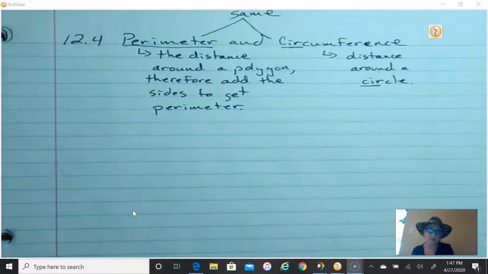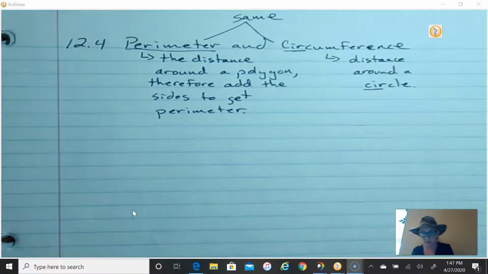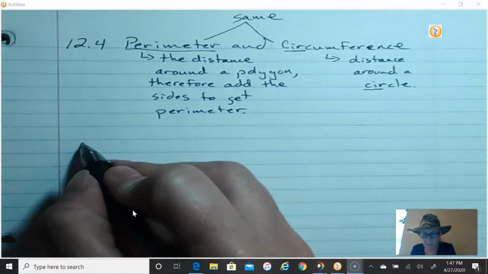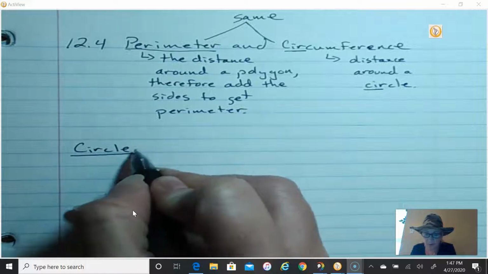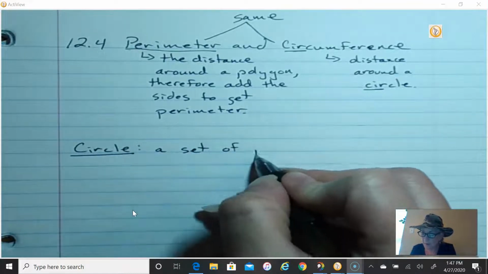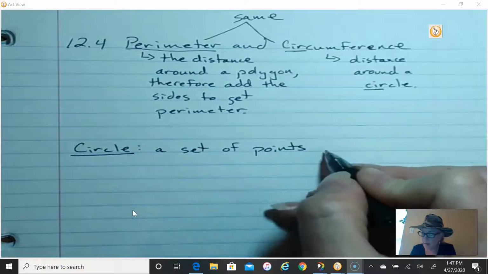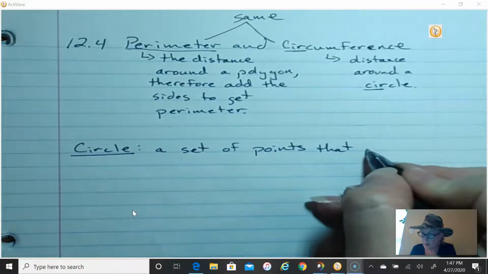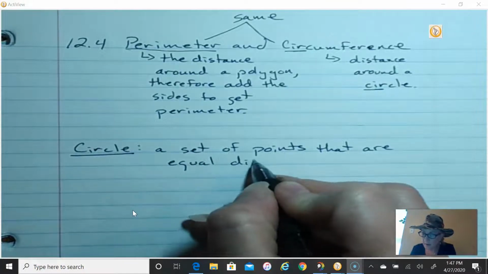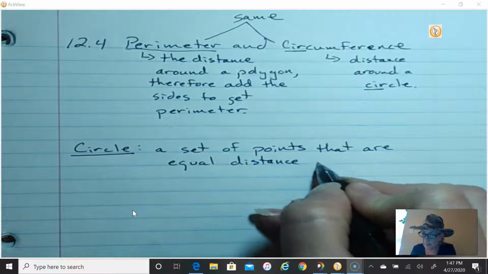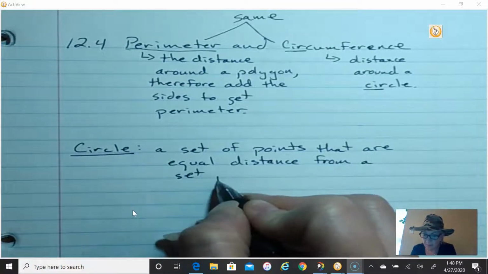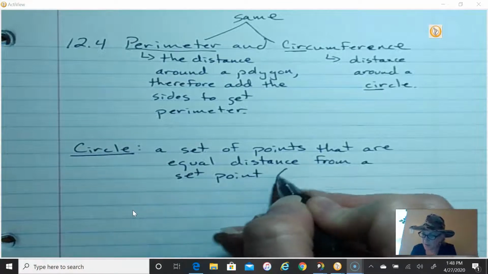So you've been doing perimeter for years, so you kind of know what that means. A circle's a little different. What is a circle? It is a set of points that are equal distance from a set point, which is the center.